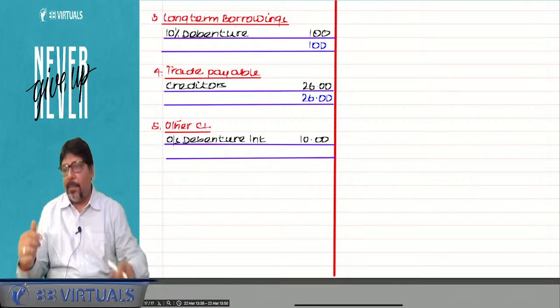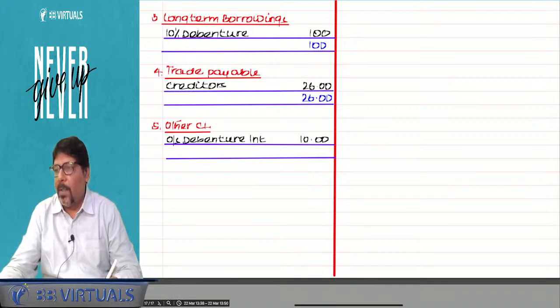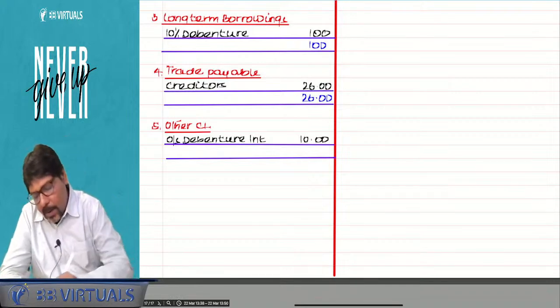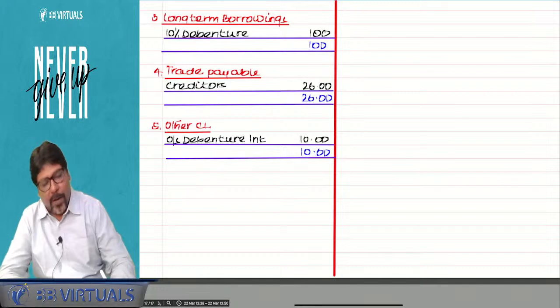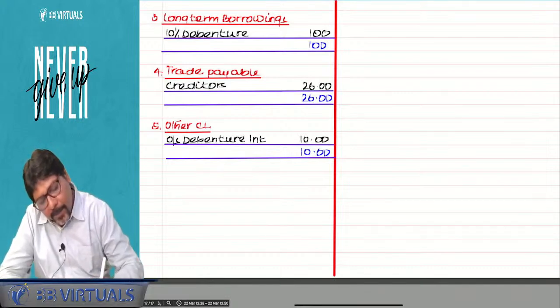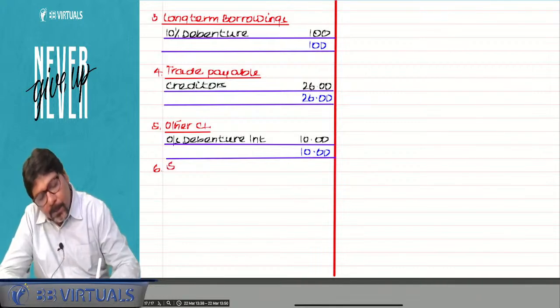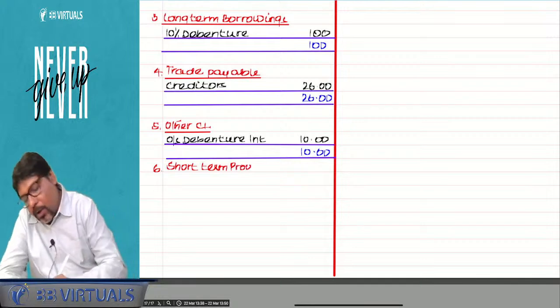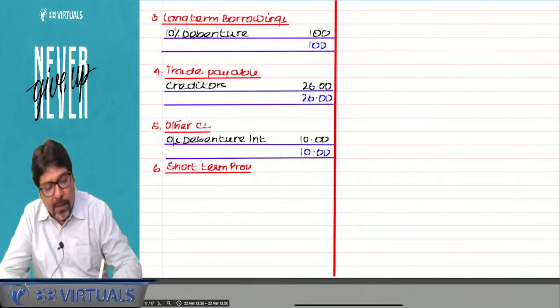Now that is 10 rupees. After other current liability, we have got number 6. Short term provision. In short term provision we have provision for tax.